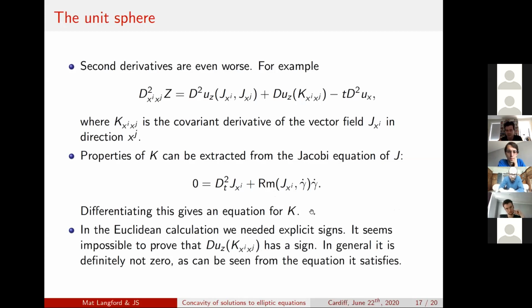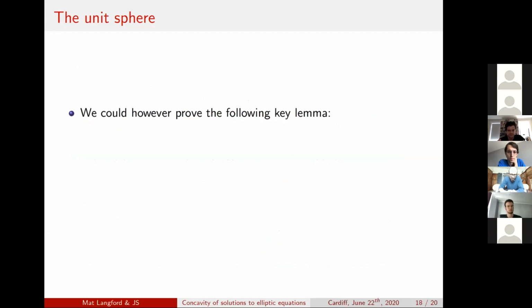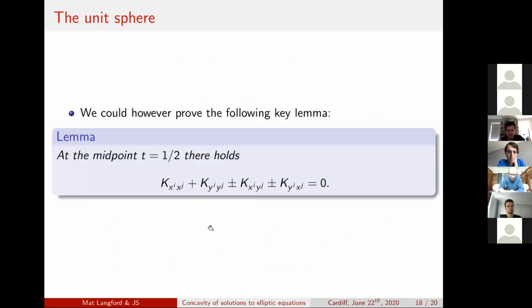It will be a combination of cosines and sines, and we don't really know what to do with it. What we could do was show at the midpoint that a particular combination of derivatives is zero. This is basically due to the symmetry of the Jacobi fields on the sphere with respect to the midpoint, because the Jacobi fields attain a maximum or minimum at the midpoint of the geodesic. So we could get some information at this midpoint.